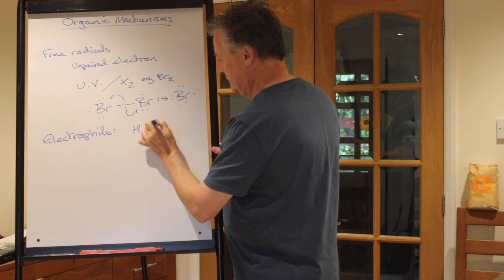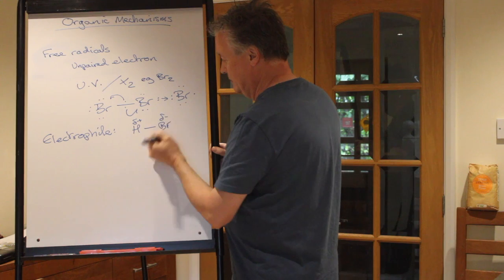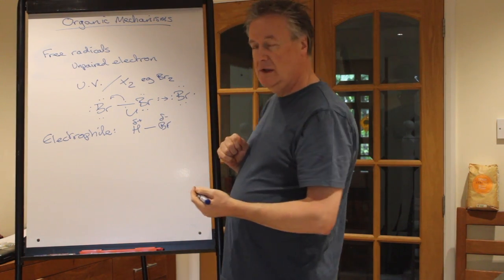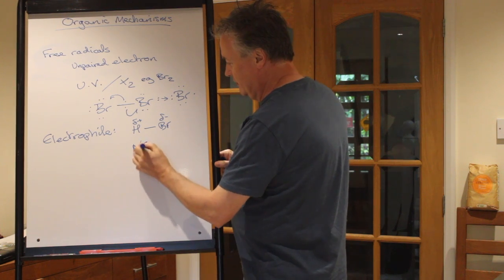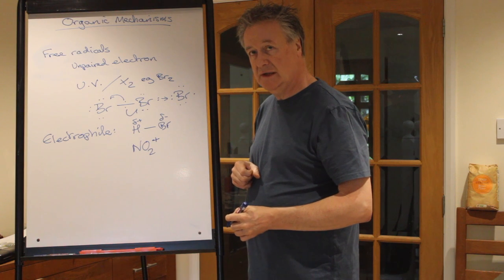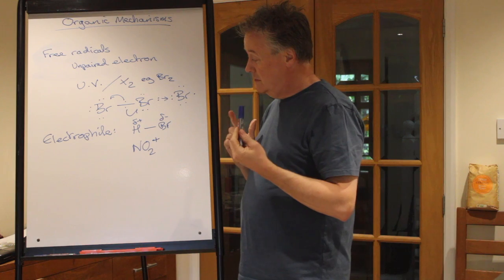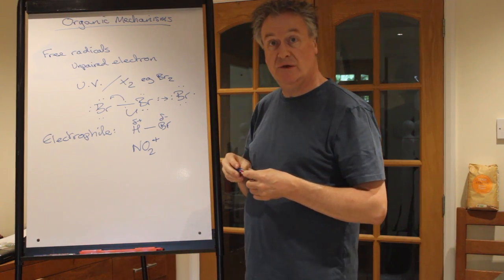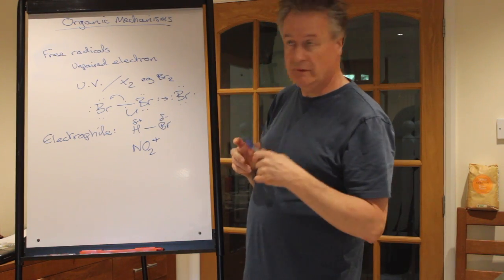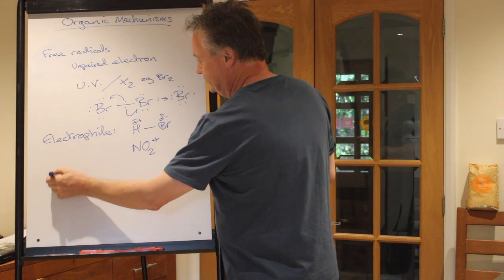So when you look at something like that, that's the electrophilic end of that molecule because it's delta positive. There are times when you see, and this is a year 13 thing, NO2 carrying a plus charge, which is also an electrophile. Well, that'll be an electrophile as well, but that's used in benzene chemistry, which is not a year 12 thing, which is what I'm doing at the moment. And then you have nucleophile.